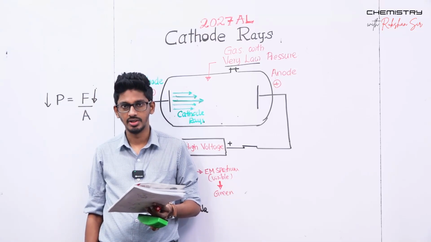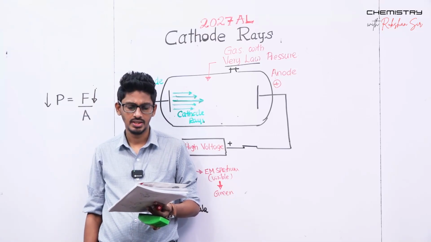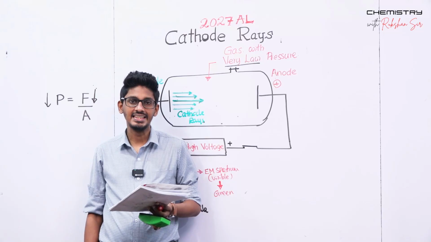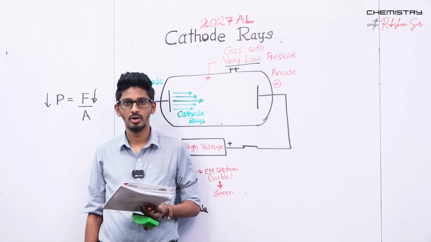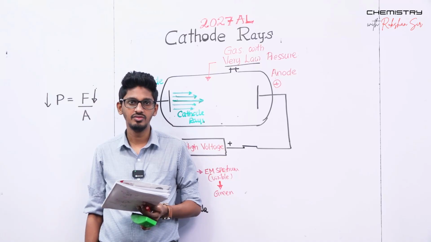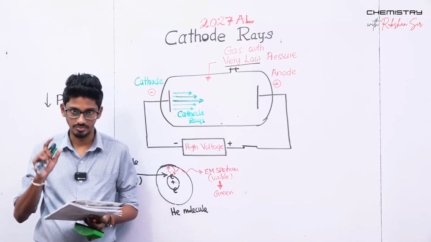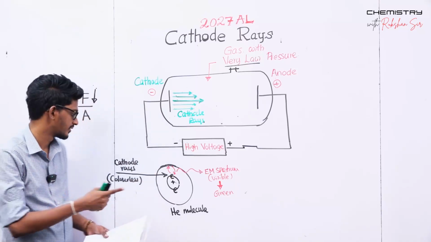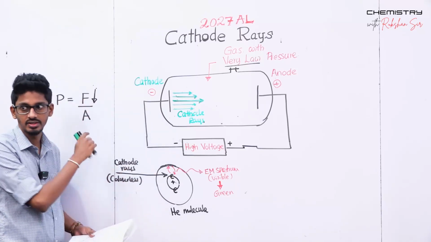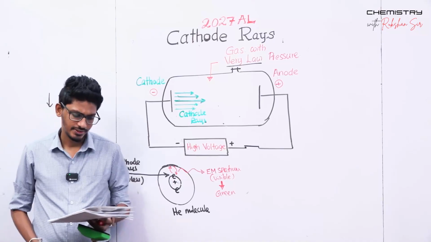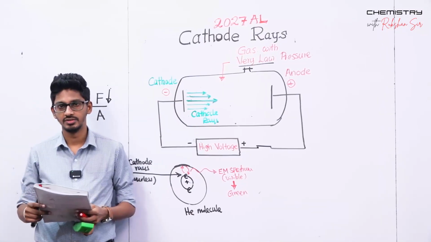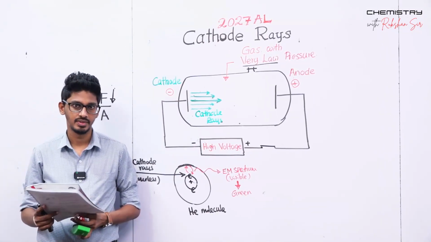Write it in red color. That is very important. Remember, the cathode rays are actually invisible. They are without colors. Cathode rays are colorless.